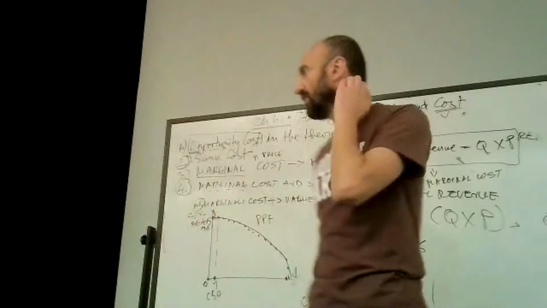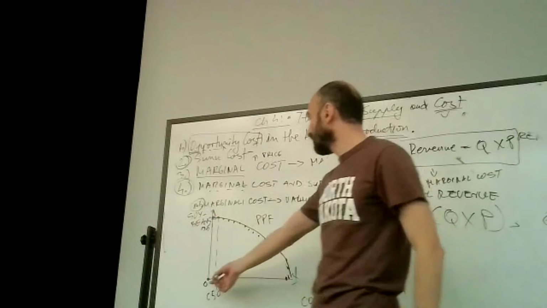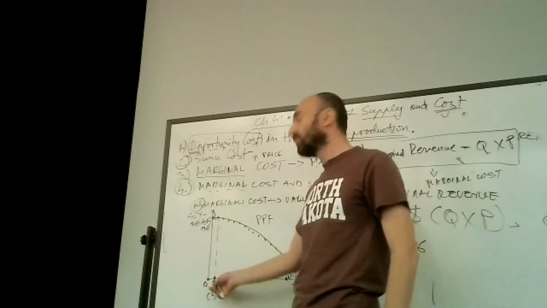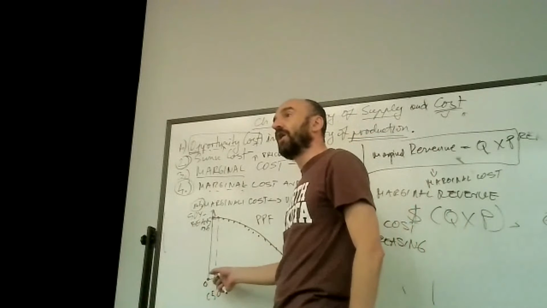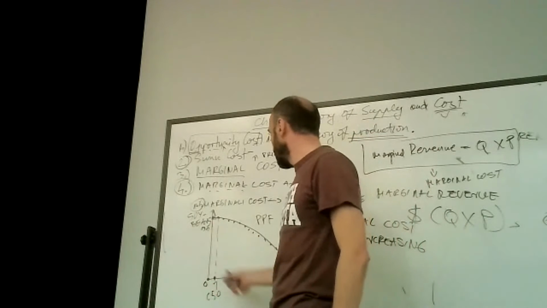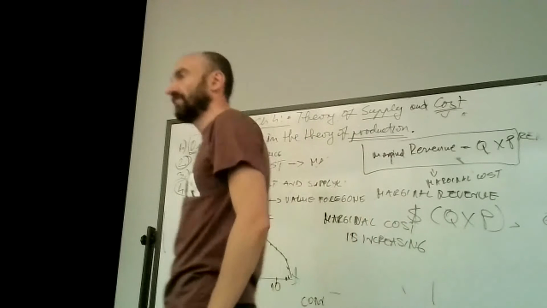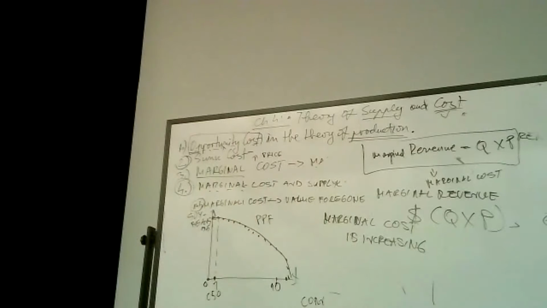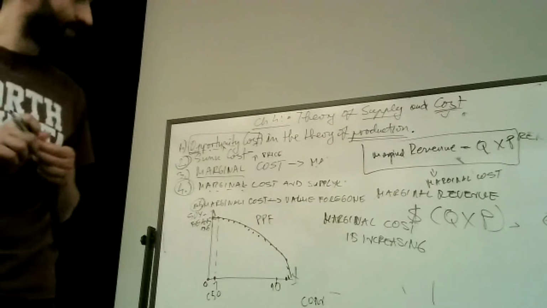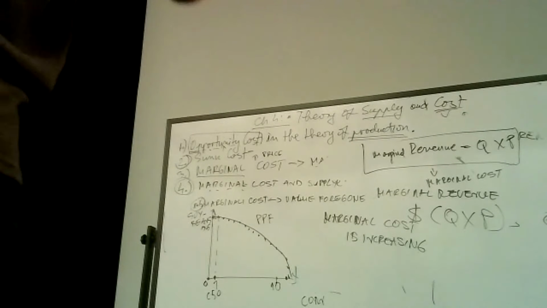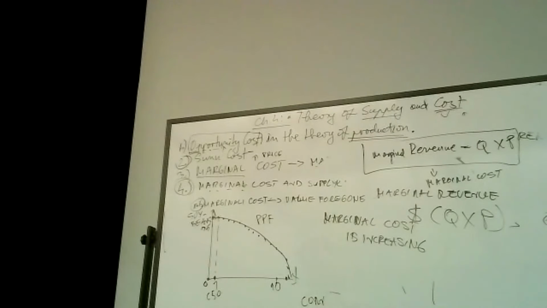So why is that the case? Why is the marginal cost of producing the first unit of corn lower than the marginal cost of producing the 10th unit? What do you think?